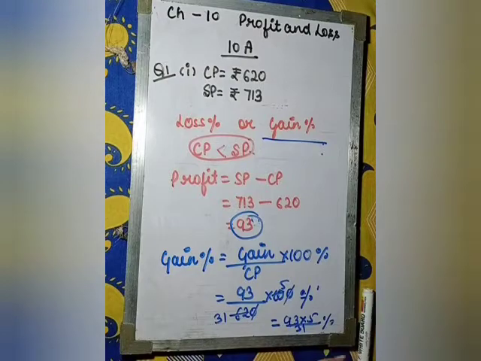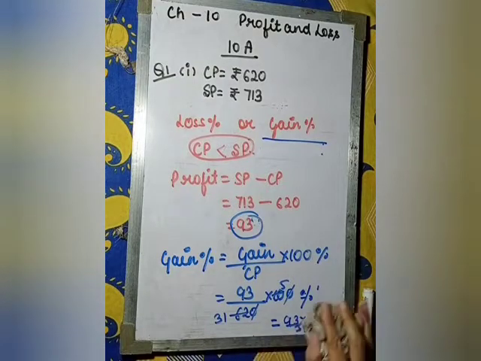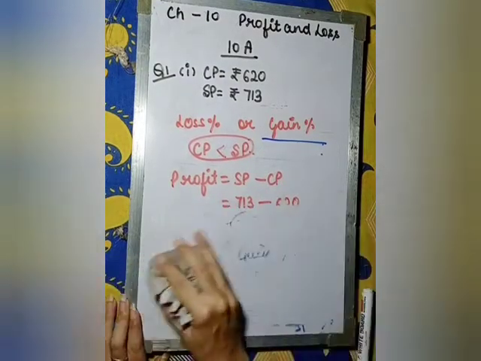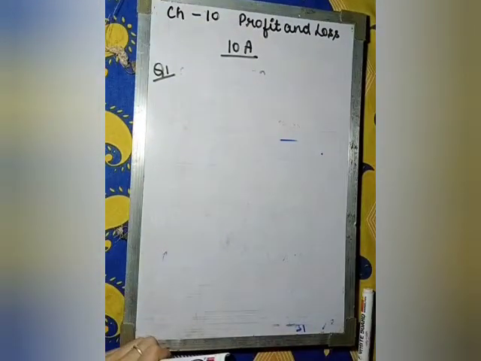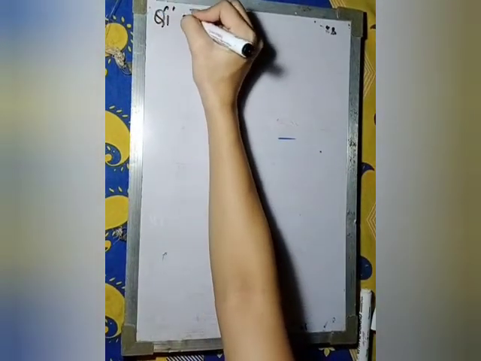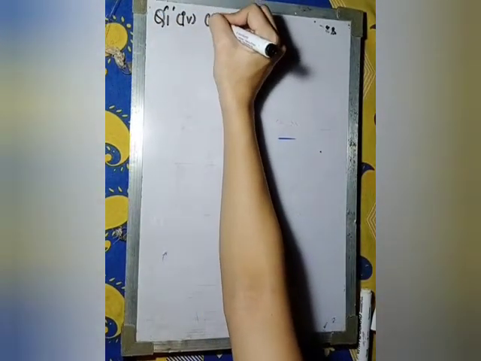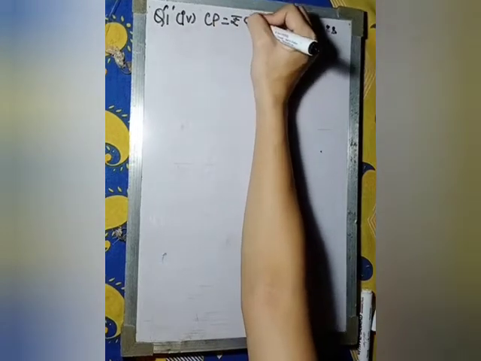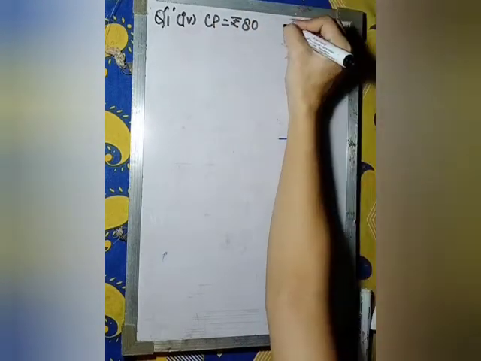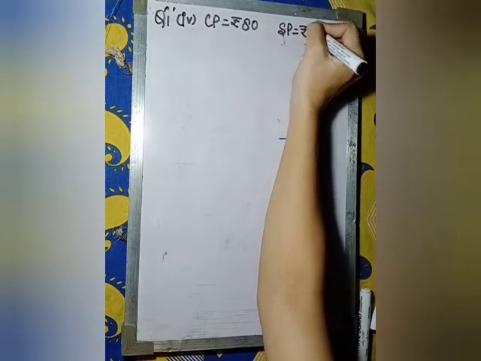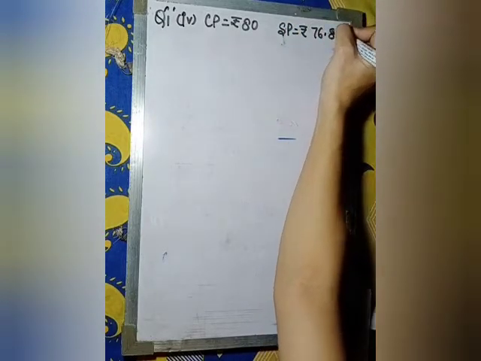Now let's see another question. Question number 1, part 4. In part 4, CP is given rupees 80 and SP is given rupees 76.80.